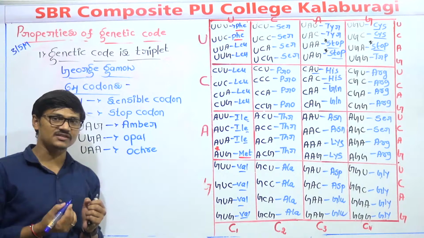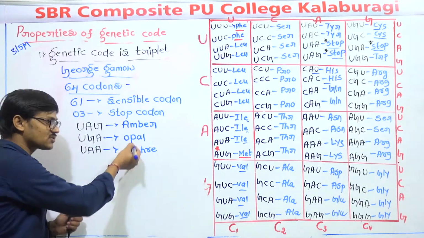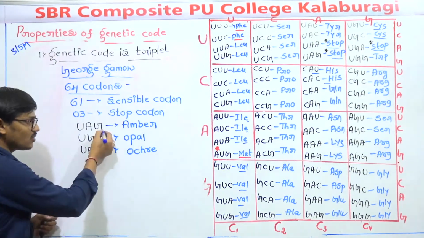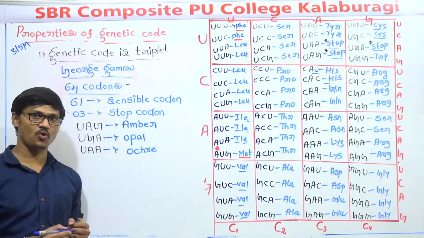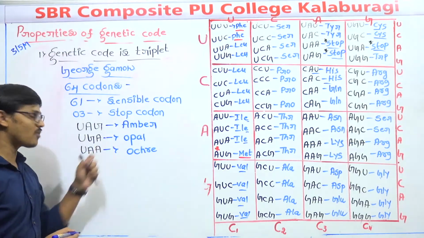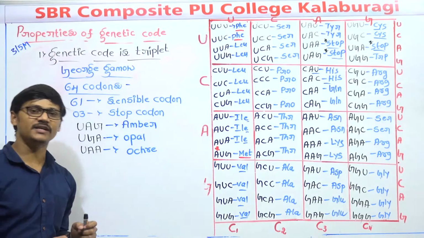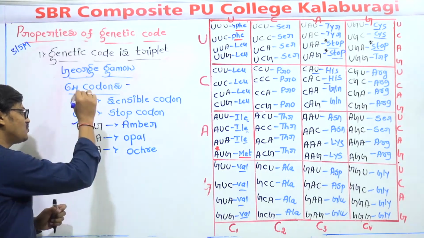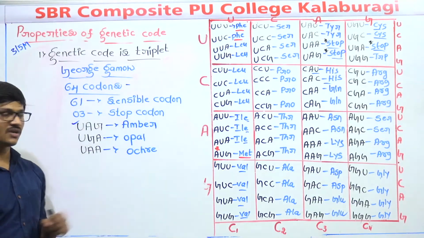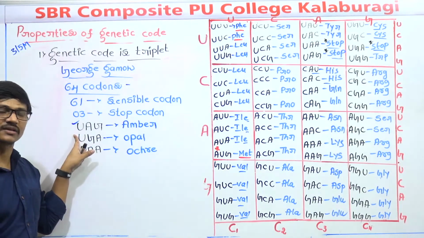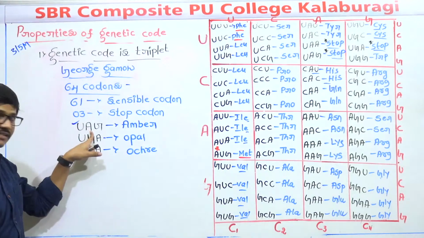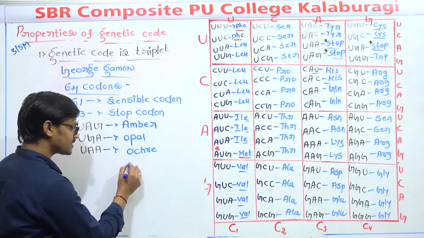Now, what is the reason why they are called by such names? Out of these three stop codons, which was the first to be discovered? It is UAG. UAG is the first stop codon to be discovered. And who discovered this? Two scientists.